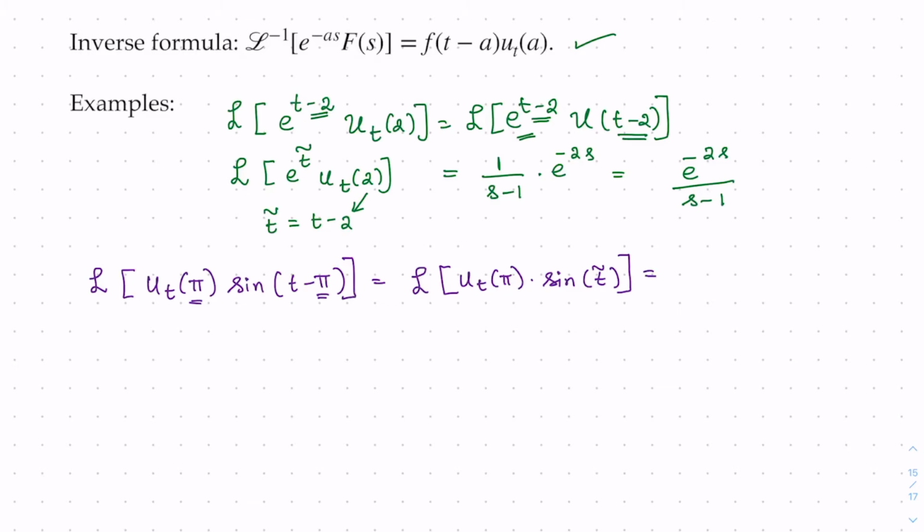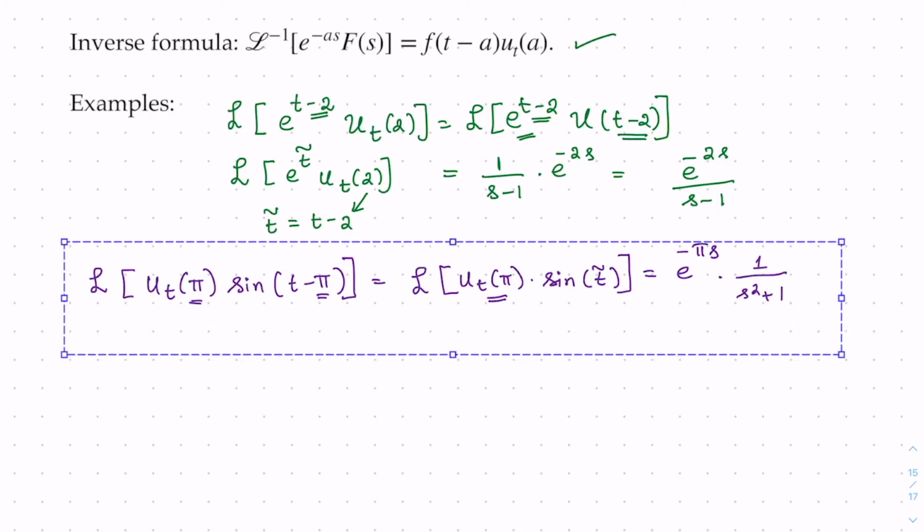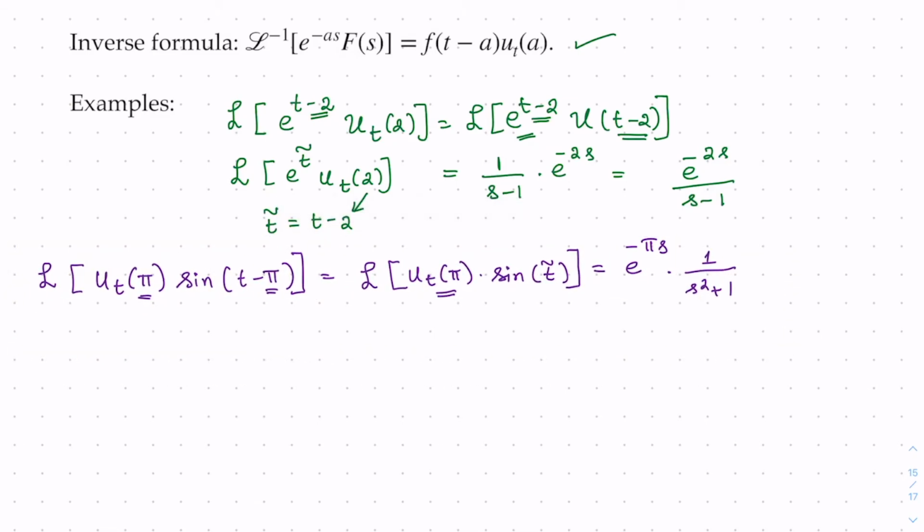Then this u t of pi is going to give me e to the negative pi s, and sine of t tilde is going to give me 1 over s squared plus 1. If I simplify that, I am going to have e to the negative pi s over s squared plus 1. As simple as that, right?